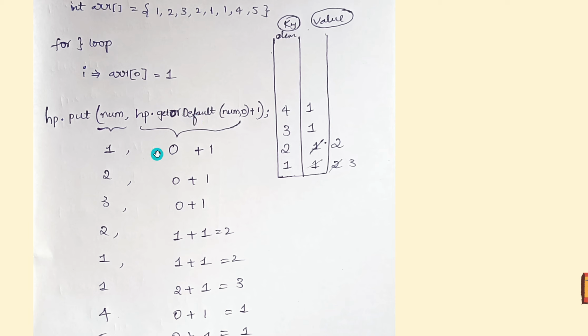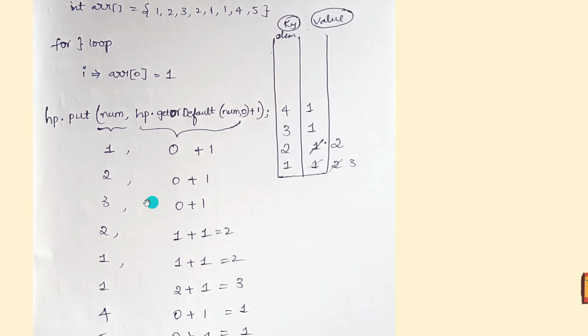It is not present, so it returns 0. 0 plus 1 is 1, so it has occurred once. So you are pushing the element and making its frequency 1. i++. Now your element is 2. hp.getOrDefault checks whether it is present or not. It is not present, so it returns 0. 0 plus 1, so its count is 1.